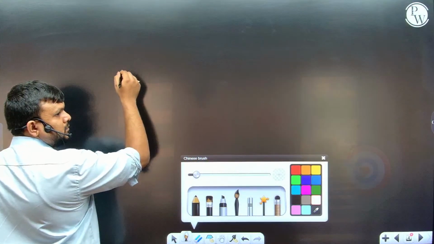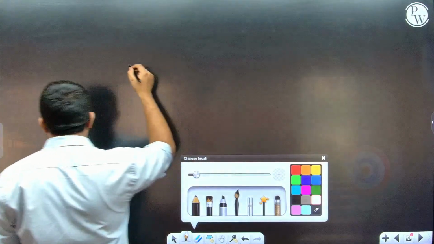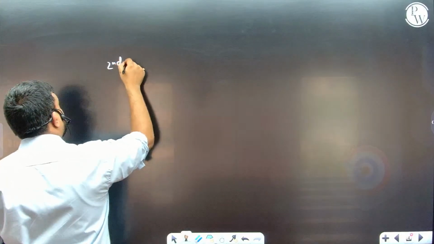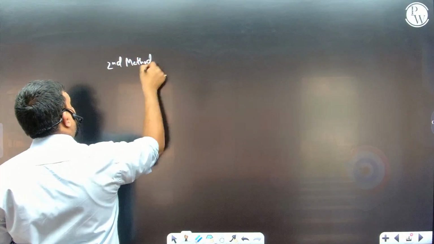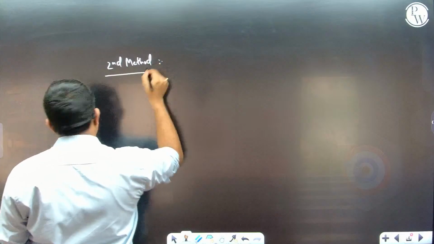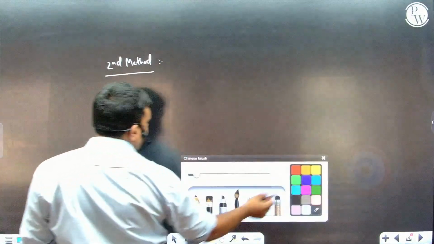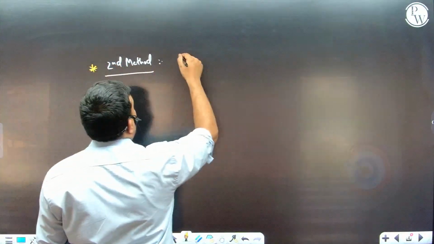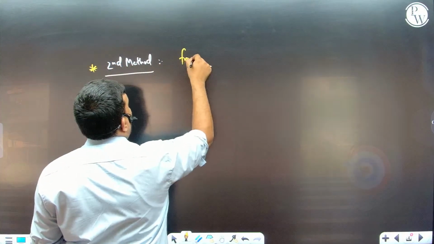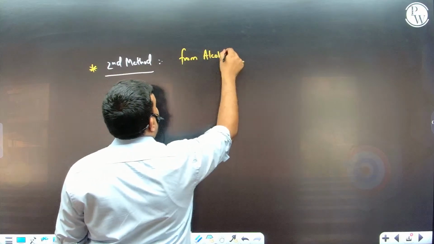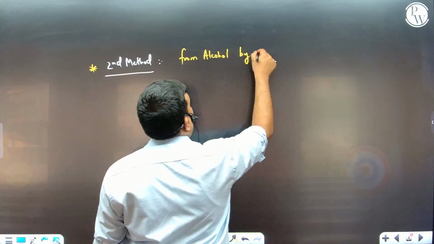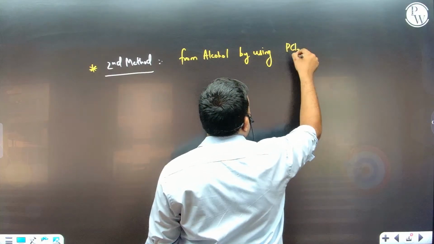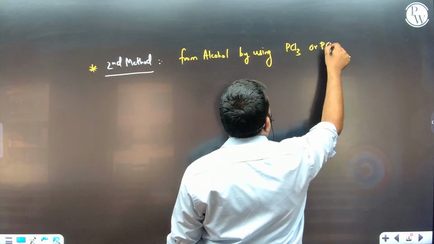Let us continue with the second method, that is, from alcohol only by using PCl3 or PCl5.